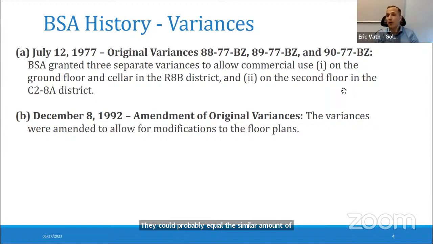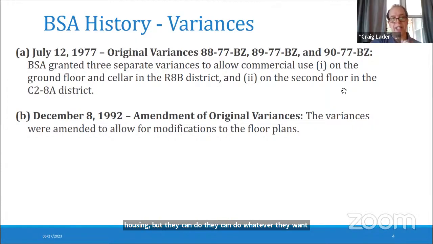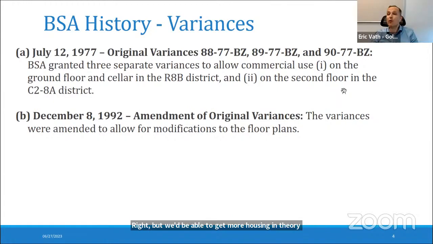Well, they are developing housing, but they can do whatever they want as of right, with or without us. But we'd be able to get more housing in theory with the transfer of development rights, with the air rights. Correct. Yeah, they're going to get, in theory, a larger building than they would just through offsite affordable housing certificates. We also don't know if they're going to try to generate on-site housing certificates. We don't really know much about their program. You can view their mission, which includes mental health and homeless support.